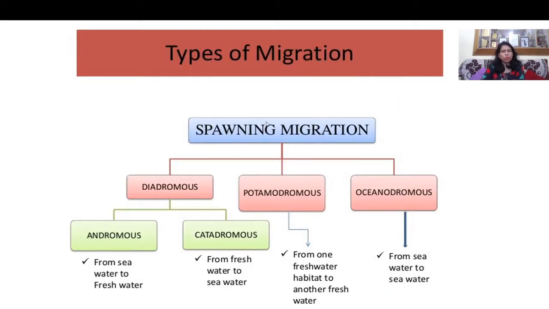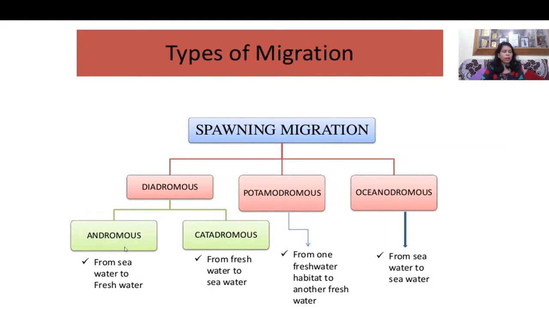On the basis of migration, on the basis of spawning, the migration can be divided into three parts: diadromous, potamodromous, or oceanodromous. Diadromous can be further divided into two subcategories, anadromous and catadromous.